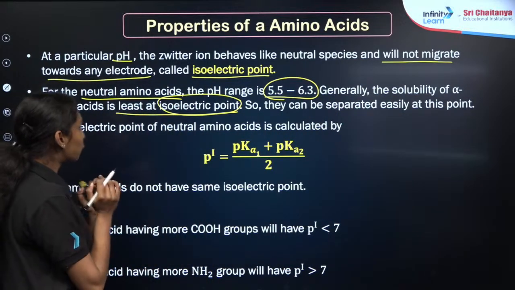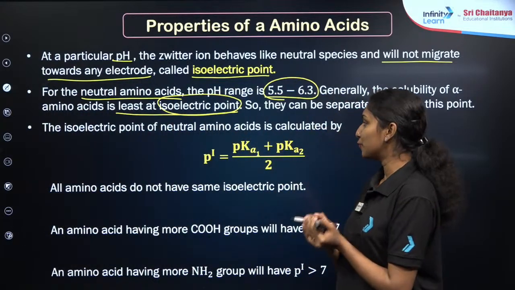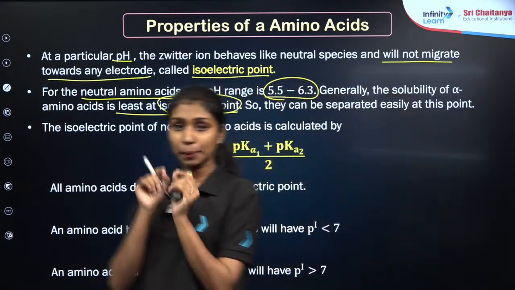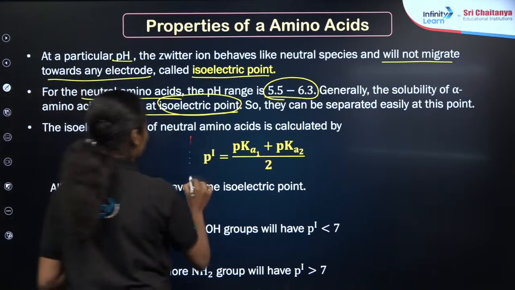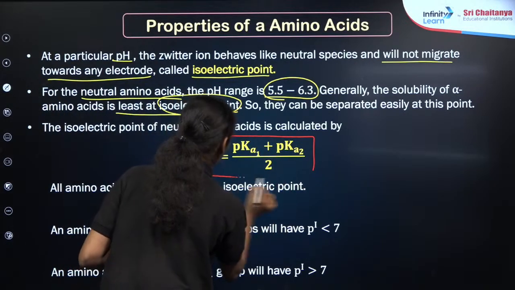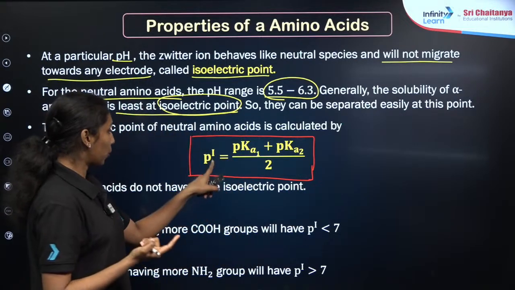Okay, let us see what is the formula to calculate the isoelectric point of the amino acids. There is a particular formula. Pi stands for the isoelectric point of the amino acids.